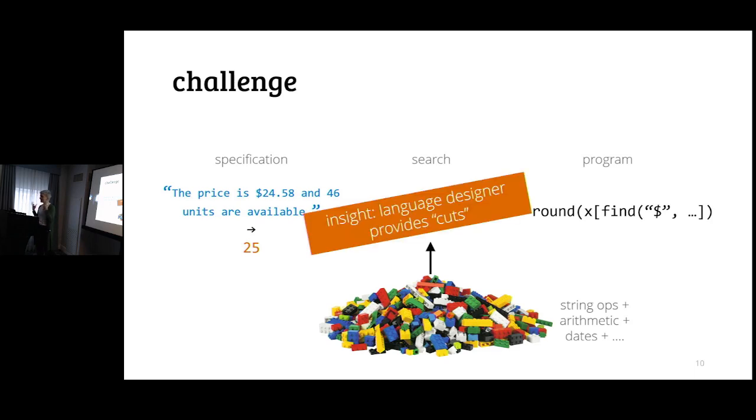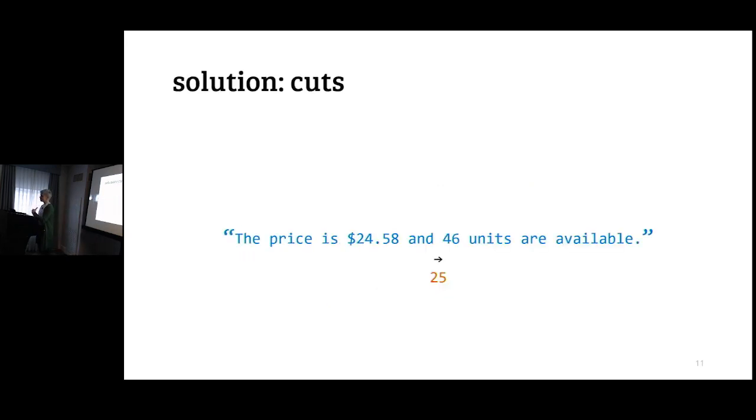And the main insight in this paper is, let's let the language designer, the designer of the synthesizer, give us a bit more information to help the search, right? And the kind of information that they allow you to provide is what they call cuts, right? So I'll try to give a very high-level intuition. For this particular example, let's assume that the synthesizer has a hypothesis of this form, right?